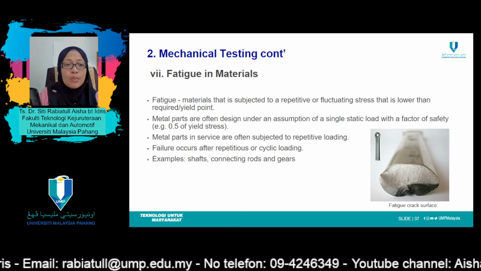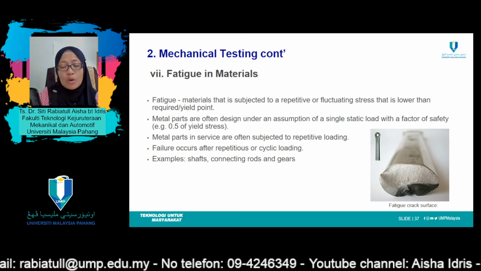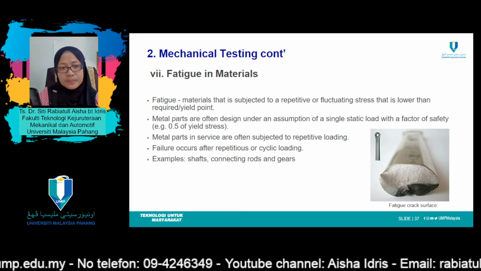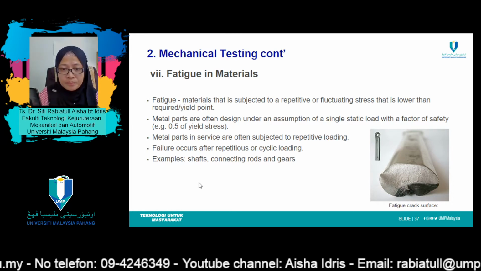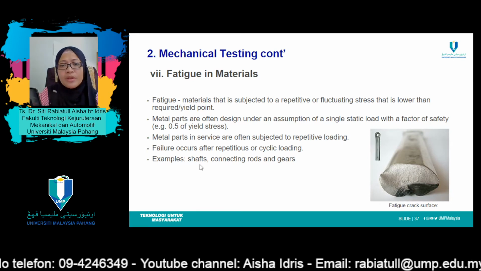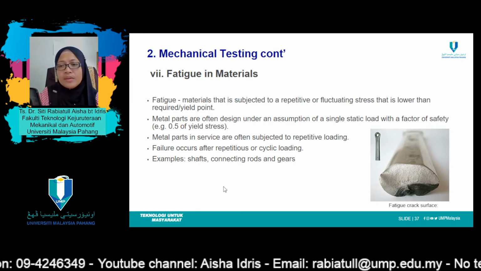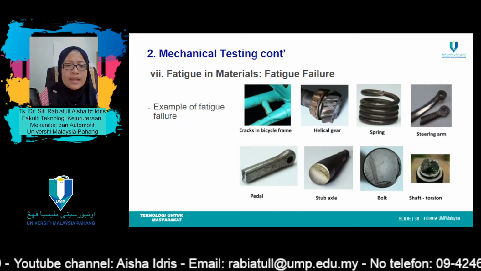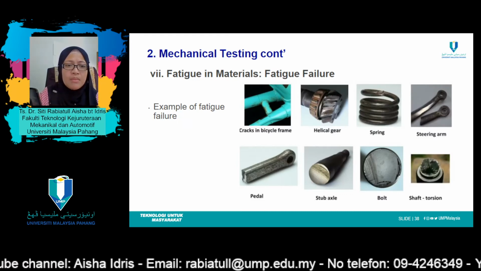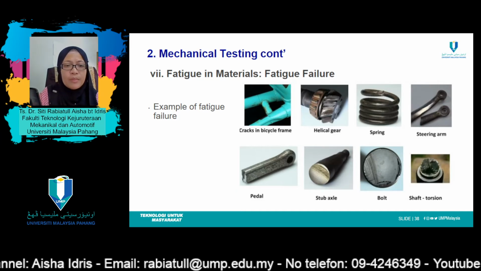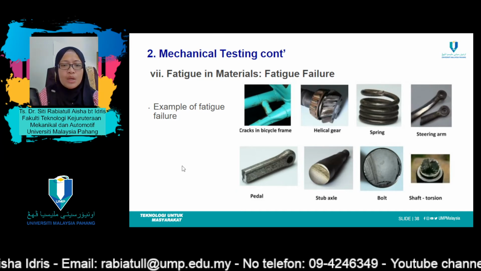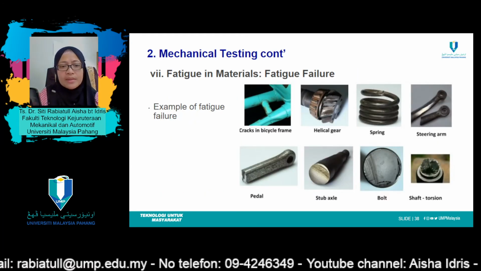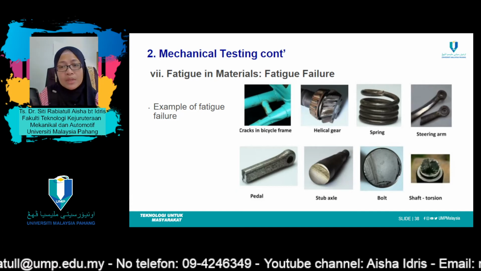Fatigue tests are commonly loaded in tension to tension, compression to compression, and tension into compression and reverse. Examples are shafts, connecting rods, gears, and so on. Usually, the purpose of fatigue test is to determine the lifespan that may be expected from a material subjected to cyclic loading. However, fatigue strength and crack resistance are commonly sought values as well.